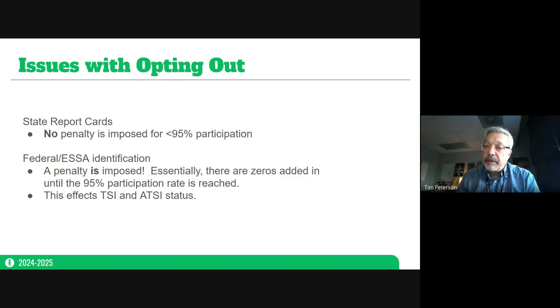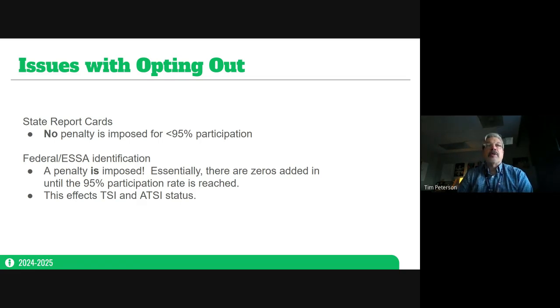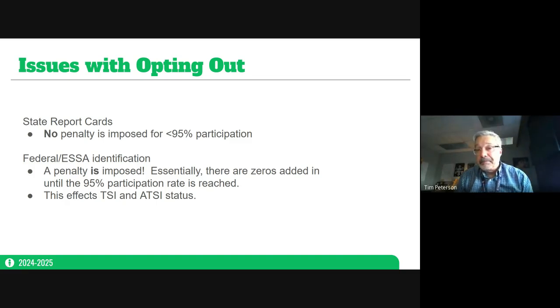What are the issues that are involved? If you have less than 95% participation in each and every student group, demographic and service provision, on the state report card, which has come out in November and December, there's no penalty. However, there is a penalty imposed if you get lower than 95% in the ESSA identification or federal identification.